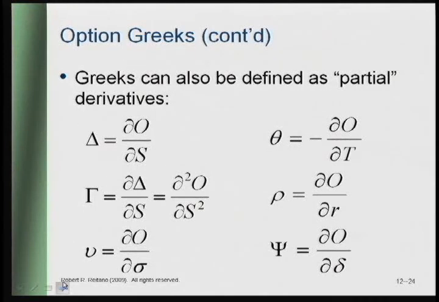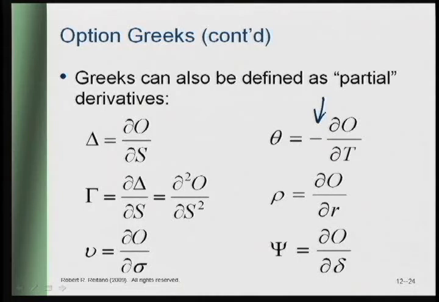So in summary, we can express all of these Greeks as derivatives or partial derivatives, because the option price is a function of several variables, so they're technically partial derivatives, but they're simply the derivatives of price with respect to these variables. Notice only that theta has a negative.